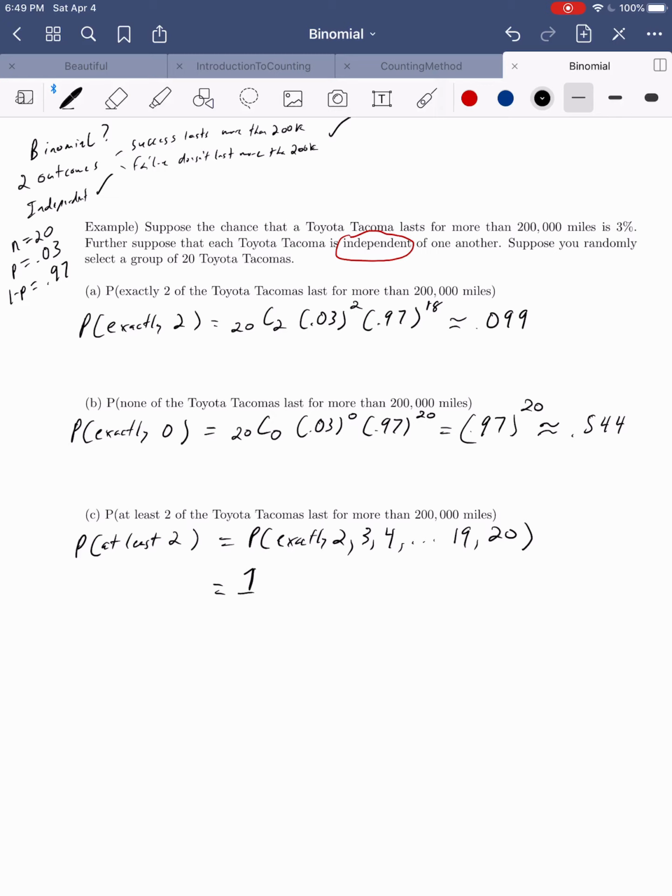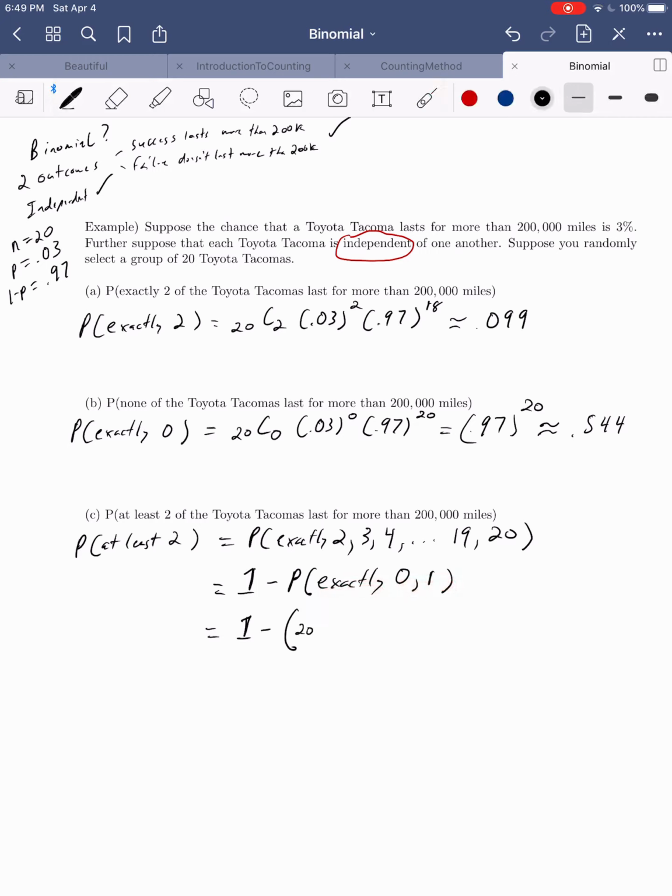So let's do this as 1 minus the probability of exactly, well, what's not on this list? Well, the things not on this list, since this goes from 2 up to 20, would be 0 and 1. So it would be 1 minus the probability of exactly 0 or 1. So we can calculate that. That's 1 minus. There's still 2 options here, so we're going to have to go ahead and use our formula twice.